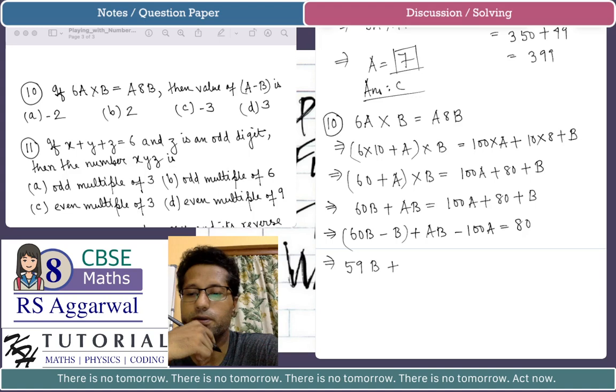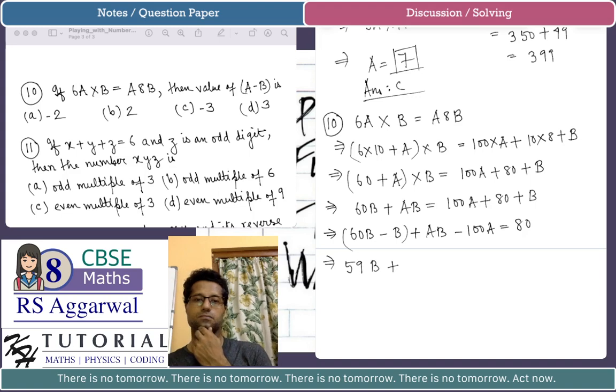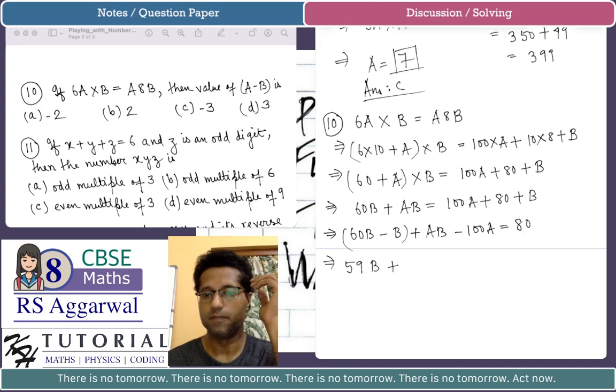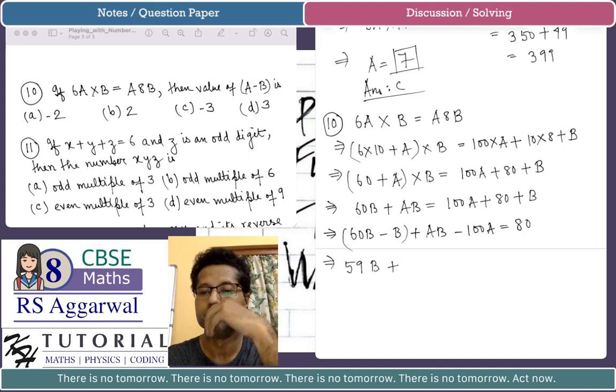Then find the value of a minus b. On the right hand side, the value is 80. That means the number on the left hand side in terms of the digits a and b must be 80.